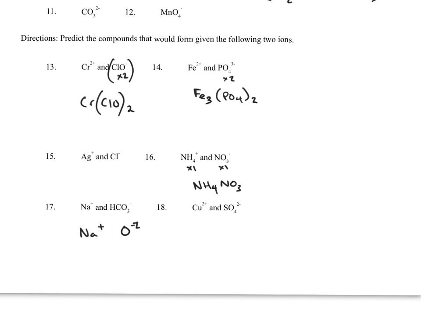When these form a compound, I'm going to need 2 sodiums and only 1 oxygen. When I form that, I don't put parentheses around the sodium. Sodium is a monatomic ion, so there's only 1 atom here. The reason we put parentheses up here is because this is a polyatomic ion. So don't make that mistake.